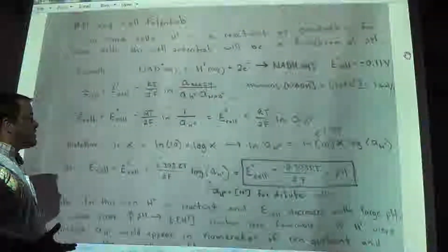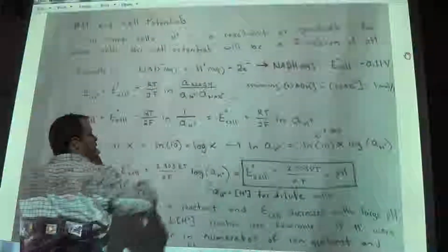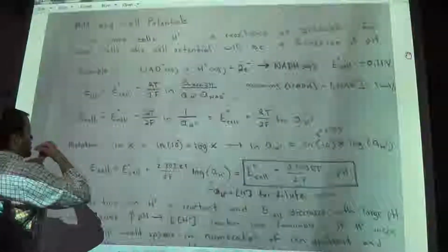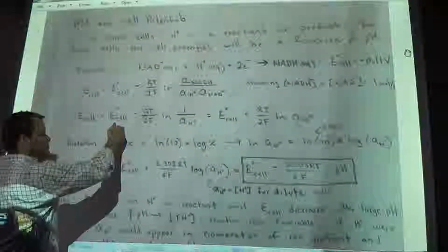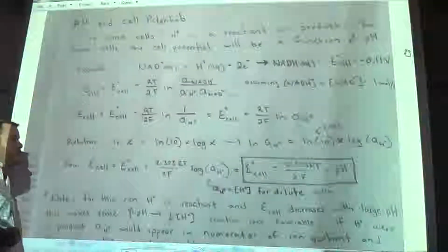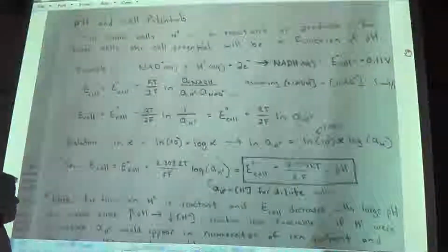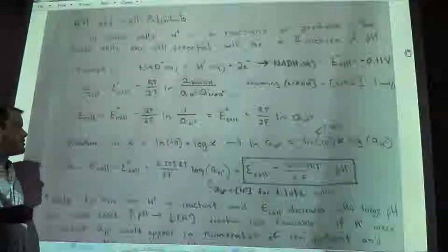H plus is a reactant in this case, and so is NAD plus. If these guys are equal, then the ratio is just 1, and so we have an equation that says that the potential of this cell is the standard potential minus this correction that has the activity of H plus in the denominator in this case, because that guy was a reactant.